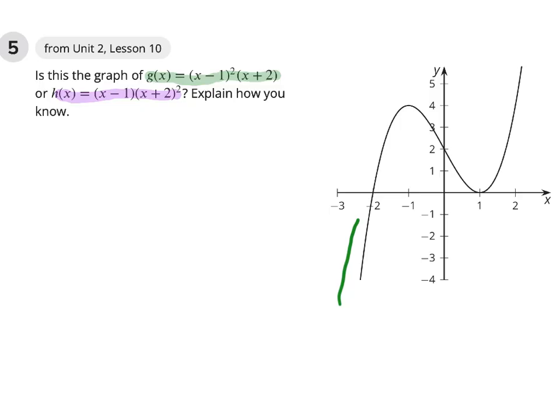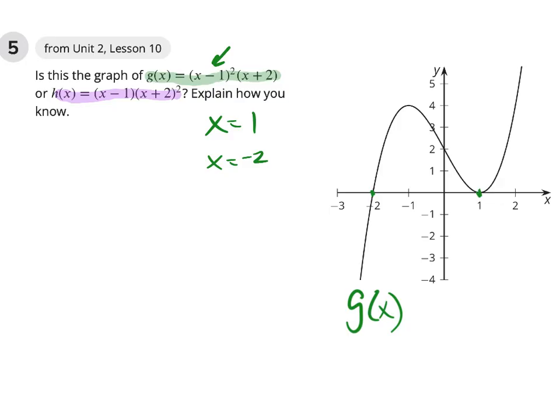So I don't need to draw the graph. This is the graph that matches G of x. Our multiplicity is at +1, so x equals 1, and x equals -2. It goes through -2, with no multiplicity there, and multiplicity at +1.